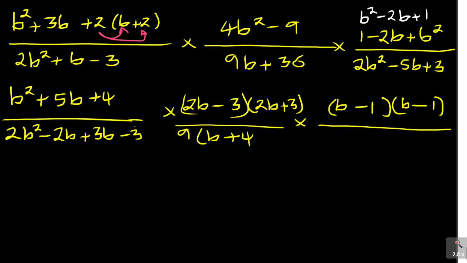Okay, all over. Next one here, I'm going to use the grouping method also, which is 2b squared. Now I need two numbers. I multiply, I get 6. 2 times 3 is 6. I add, I get -5.